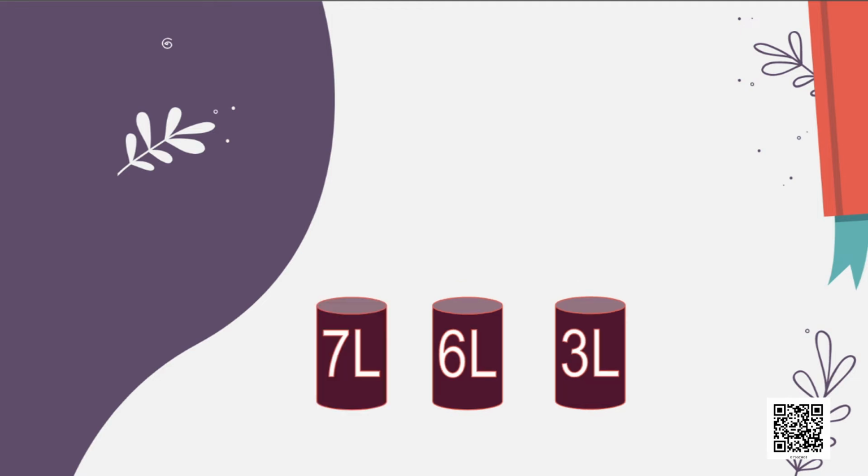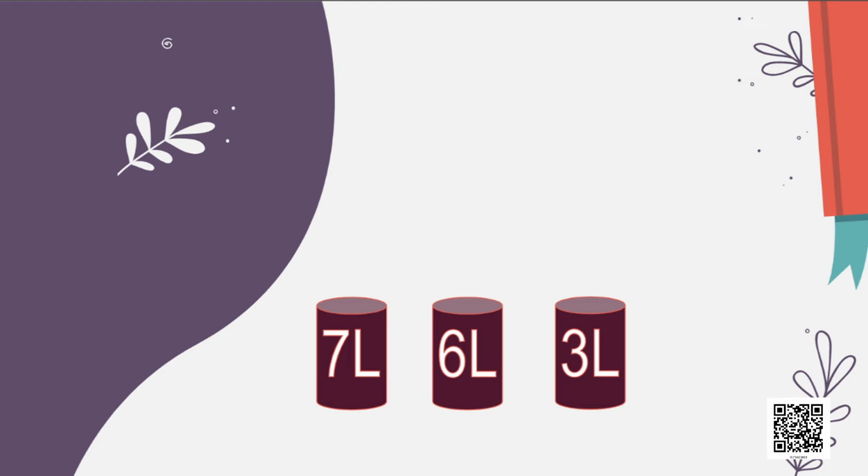Good. But now we have 3 cans of 7, 6 and 3 liters each. Now if it has to be equally distributed into these 3 vessels, how much should we give to each vessel?